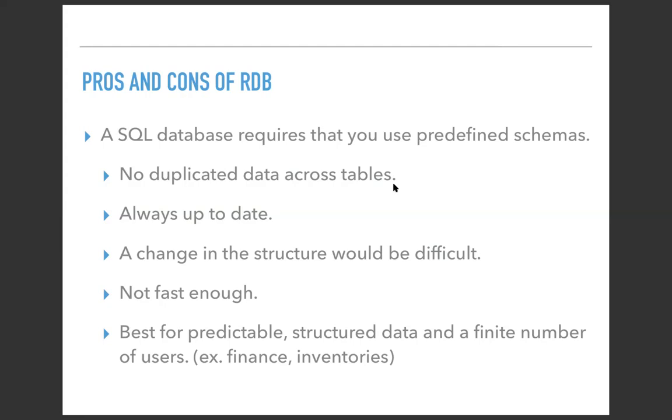Like what specific attributes do you want to track about these entities, and those become your tables, all right? Now, the advantage of this is that this assures you that you don't have any duplicated data across tables and that your tables are always up to date.